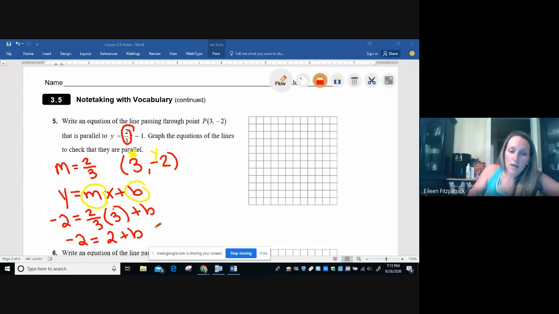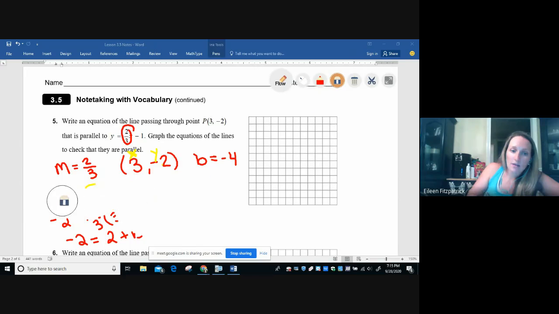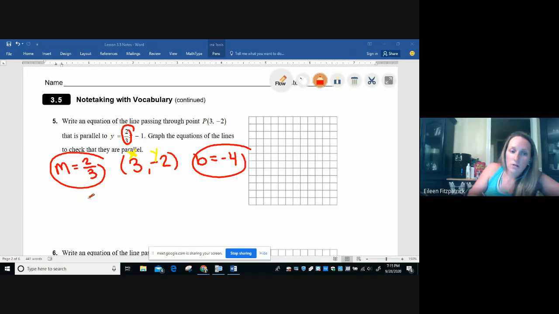Subtract 2 from both sides and you get b is equal to -4. Once you know b, then you can go back and write the equation of the line in slope-intercept form. Because again, you need the m and you need the b. So you have y is equal to 2/3 x minus 4.